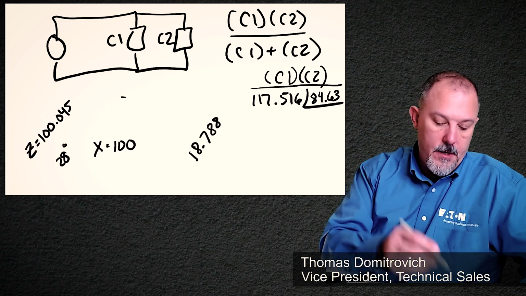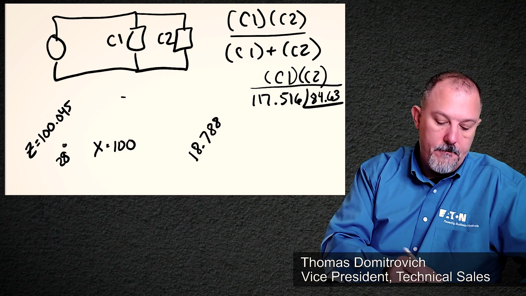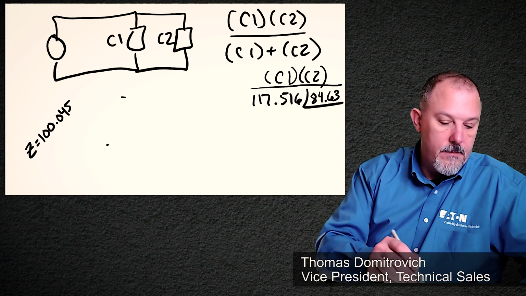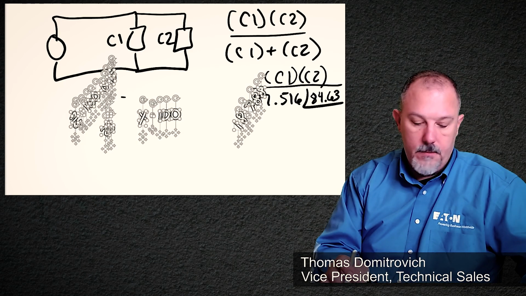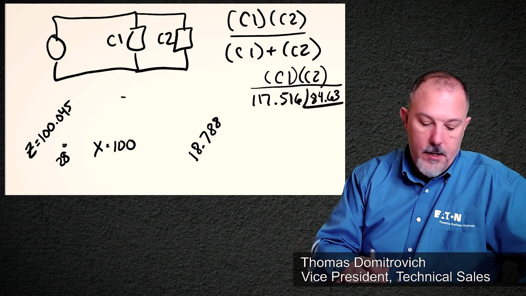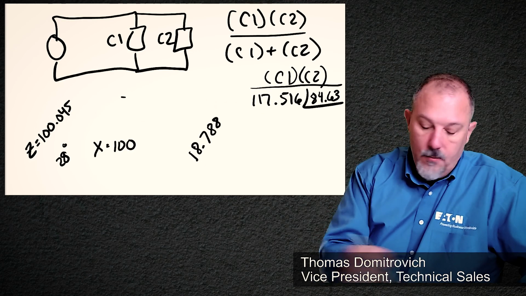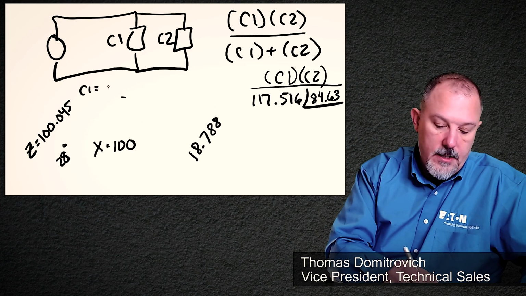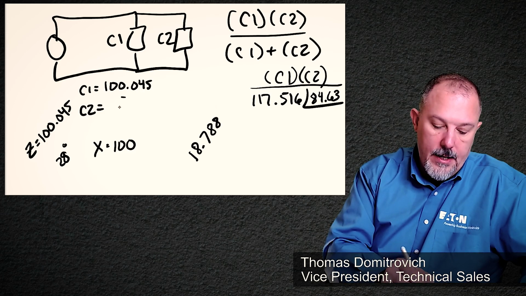Okay, so I know C1 is equal to 100.045. C2 is equal to 18.788.